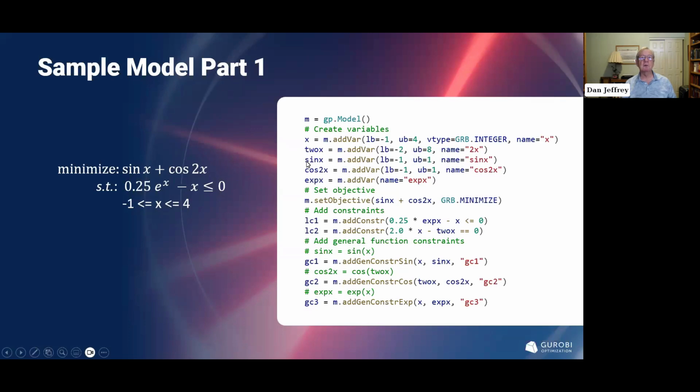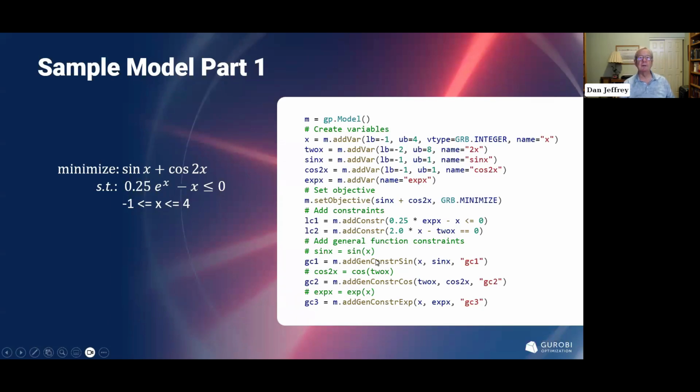We have a sine x variable to take care of the first part of the objective. And then we have exponent x to take care of the e to the x bit in this constraint. We'll set the objective to the variable named sine x and cosine 2x, minimize that.